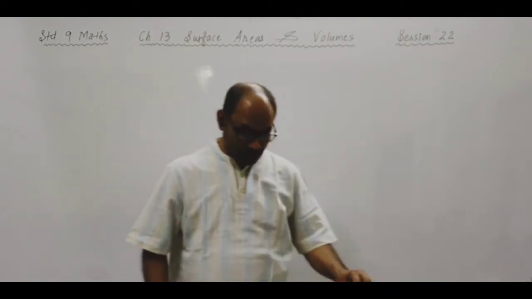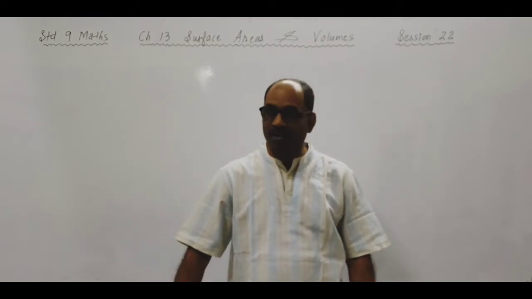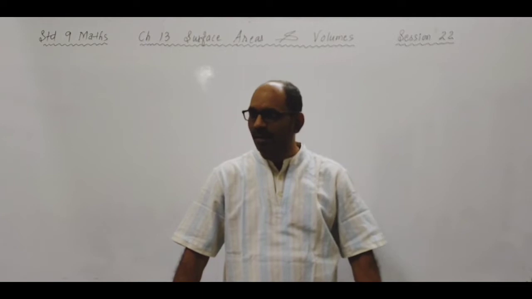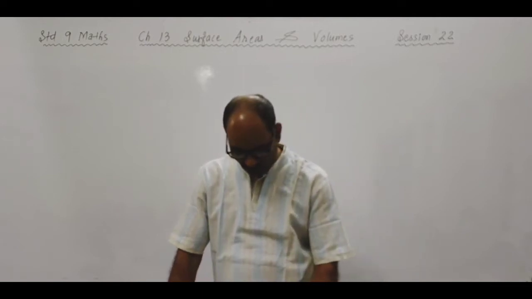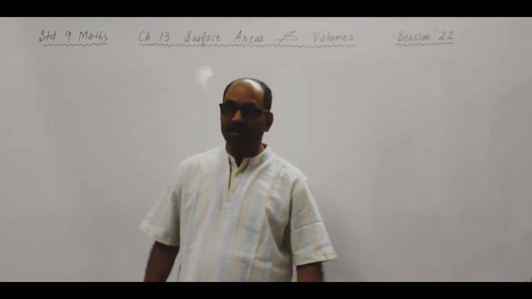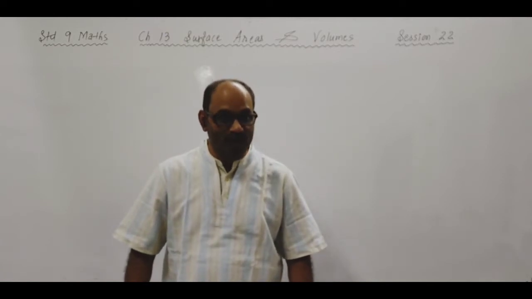Now we are going to see the next solid, geometrical object. It can be hollow as well, and that is cone. First, we should learn how we get the formula to find volume of cone.